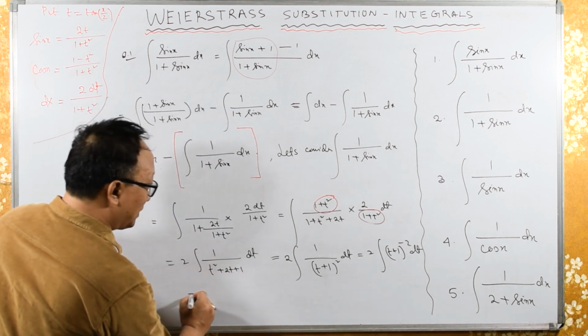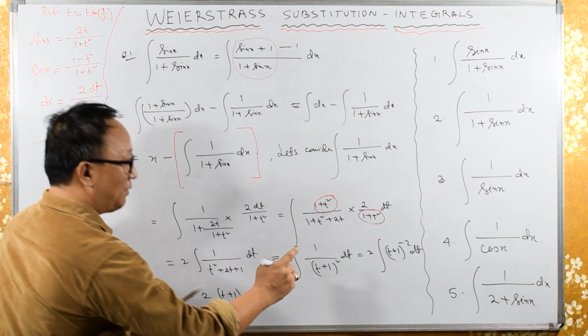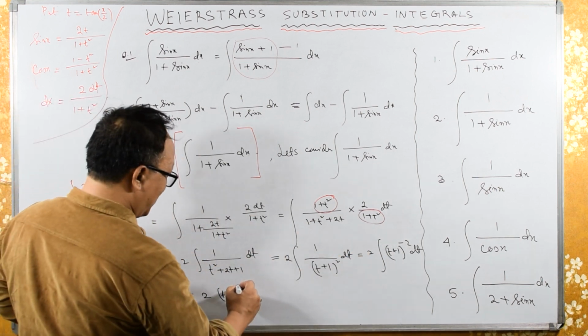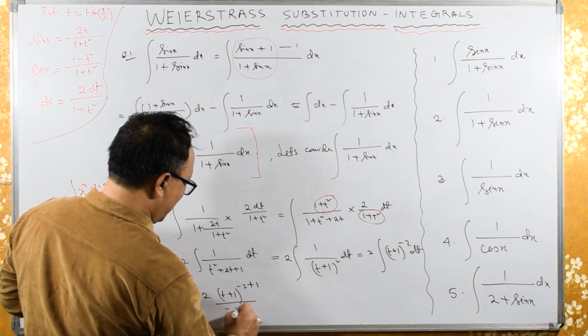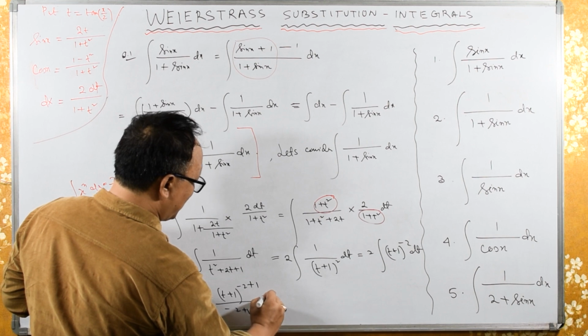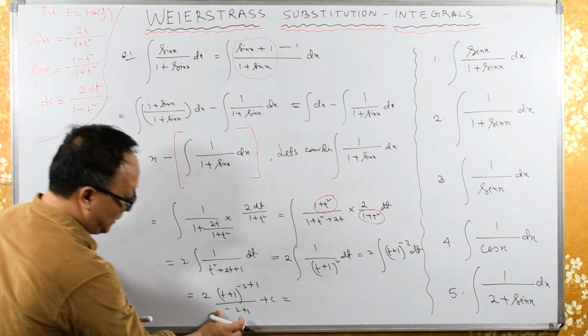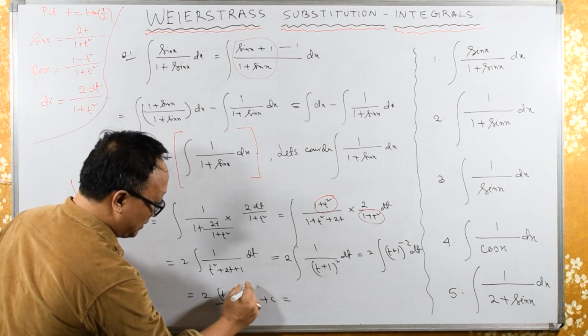This is same as 2 times t plus 1 raised to minus 2 plus 1 upon minus 2 plus 1 plus some constant. Here minus 2 plus 1 is same as minus 1.